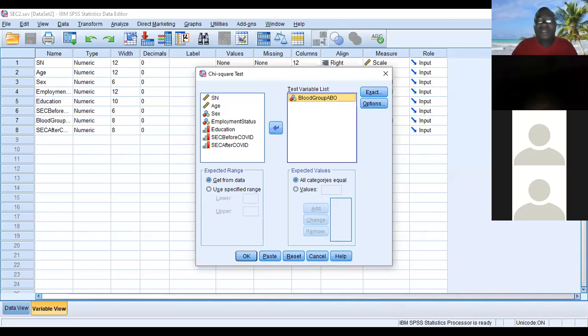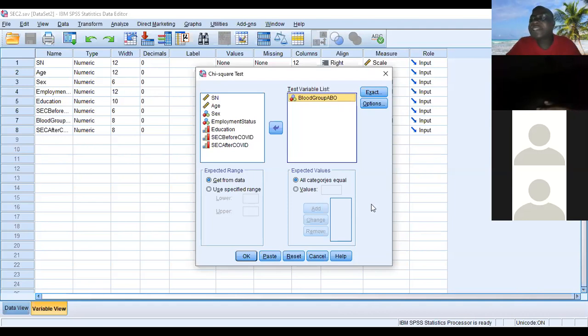Okay, you have moved it. So now you will see Expected Values. You are not using Range now. On the right side, you see Expected Values. By default, what is there is All categories equal.